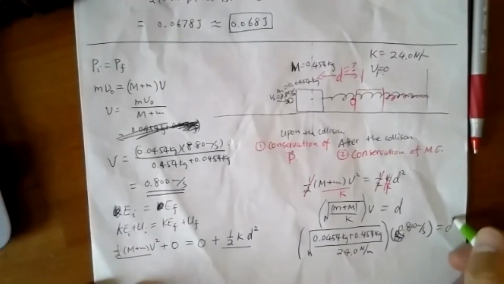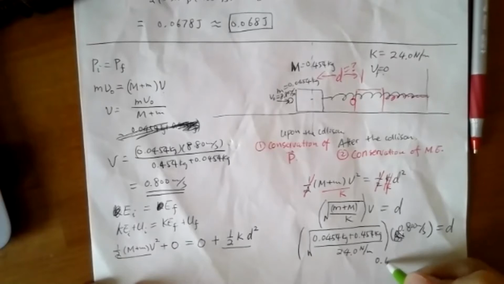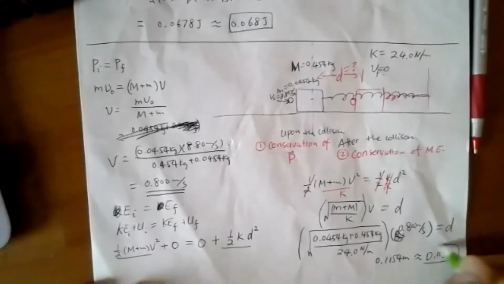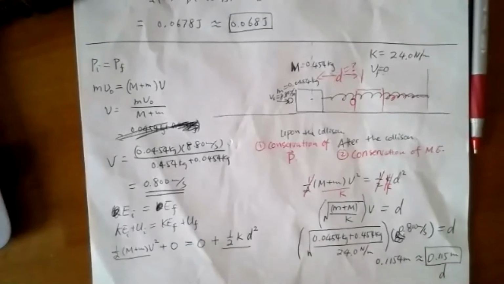Okay, that's your D, and that's going to be roughly 0.1154 meters, or 0.115 meters. That's the maximum compression you would have for this spring.